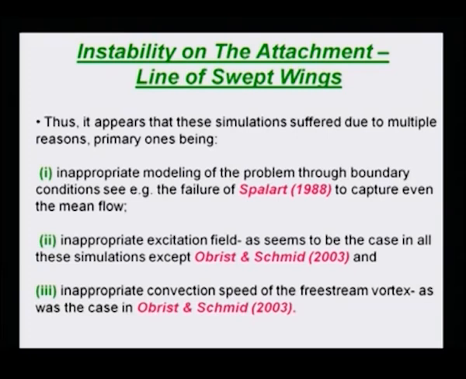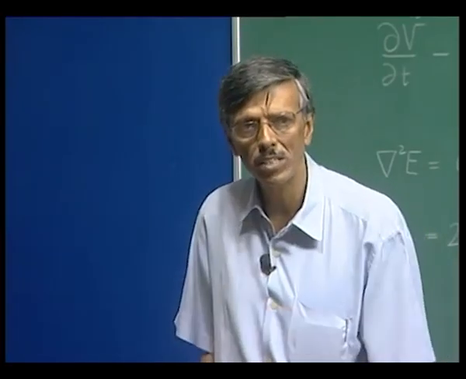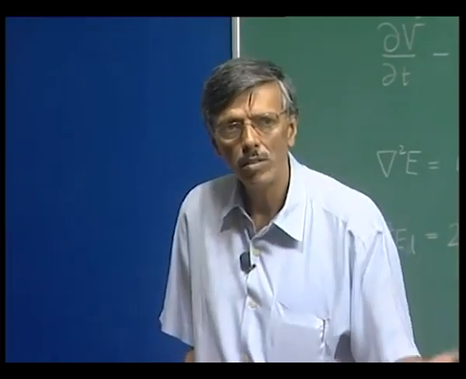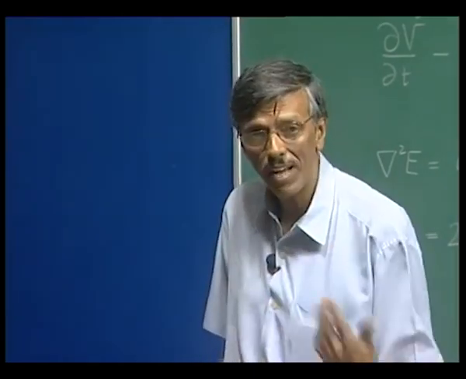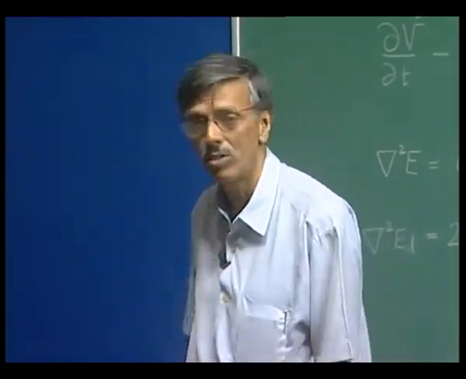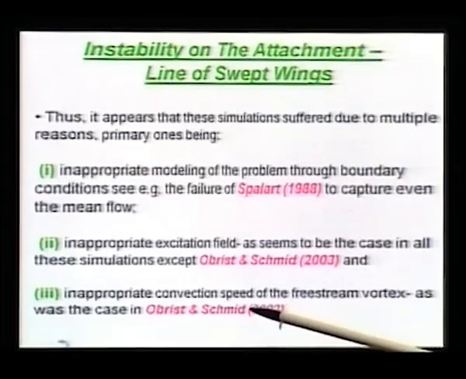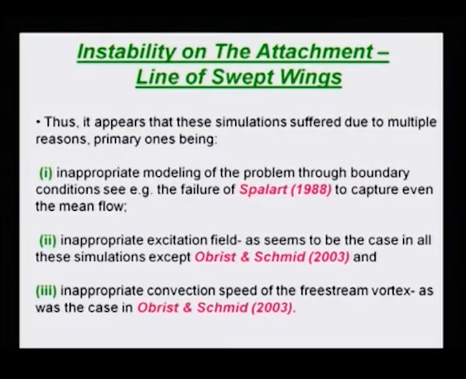They did not take the correct propagation speed. So, of course, the boundary conditions or the excitation field were not appropriate. It was going at the wrong speed. These are the 2 reasons that we should be attributing to the failure of these authors. Okay.